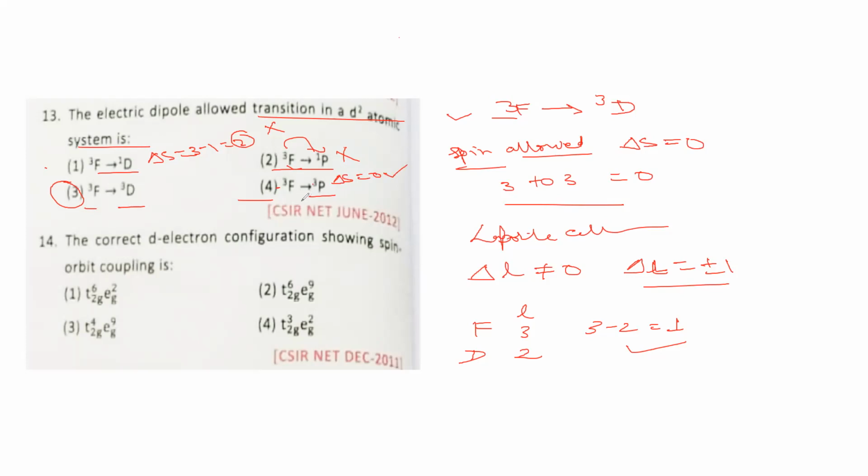But according to the Laporte selection rule, delta L value comes, this is F, for F, L is 3, minus P which is 1, so it comes out 2. And the rule says delta L value must be plus minus 1 only. So that's why it is not allowed. So option number 3 is the right option.